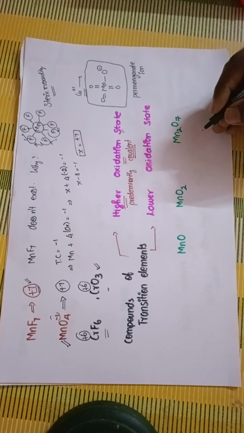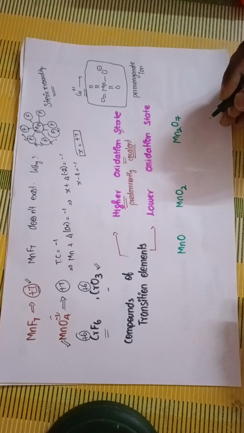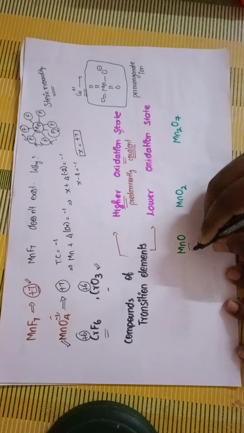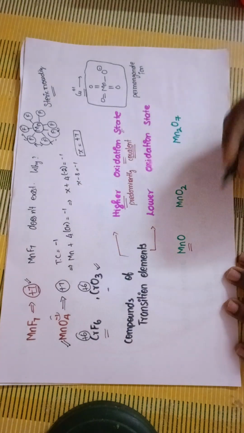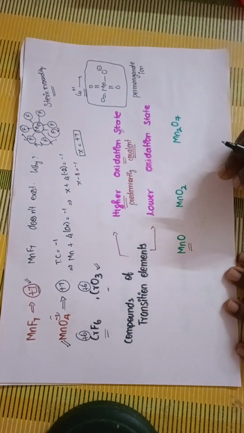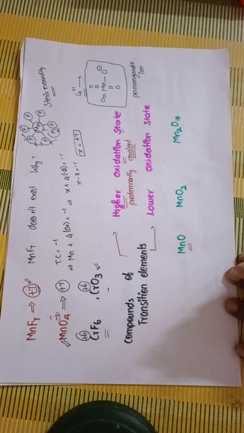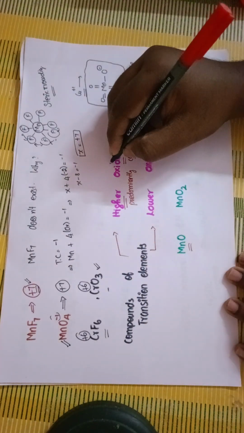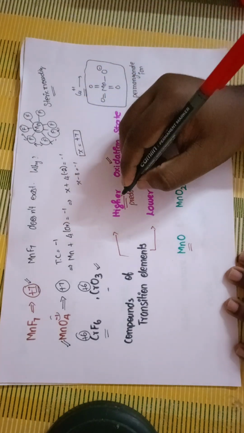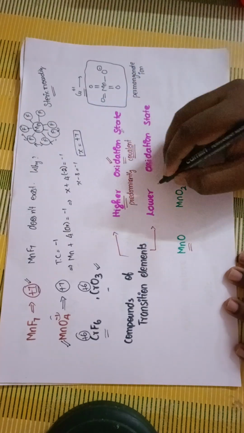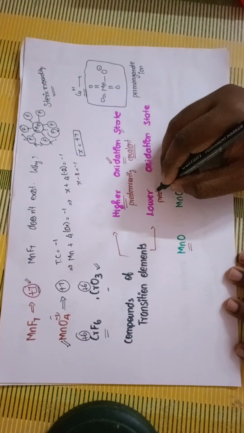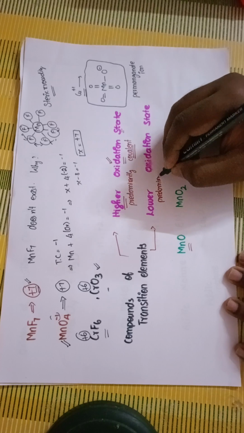The important thing is, if the charge of the cation increases, covalency increases. So even though MnO, MnO2, Mn2O7 are ionic compounds, there will be some percentage of covalence, and how the percentage varies from one compound to another is determined by the oxidation state. If the metal ion exhibits a higher oxidation state, covalency will be more. If the metal ion exhibits a lower oxidation state, it will be predominantly ionic.